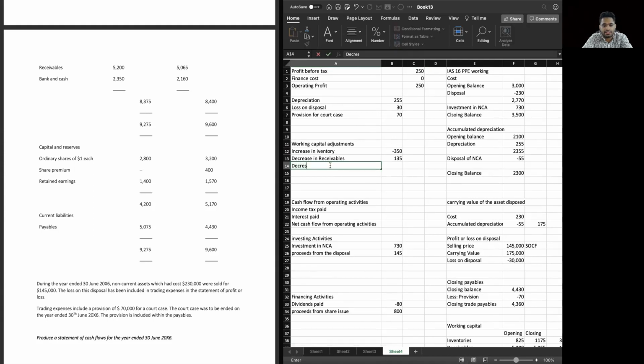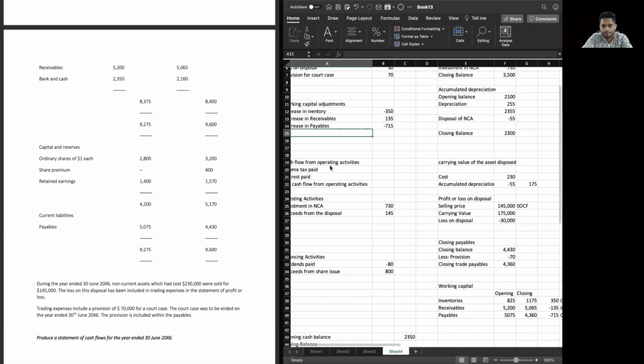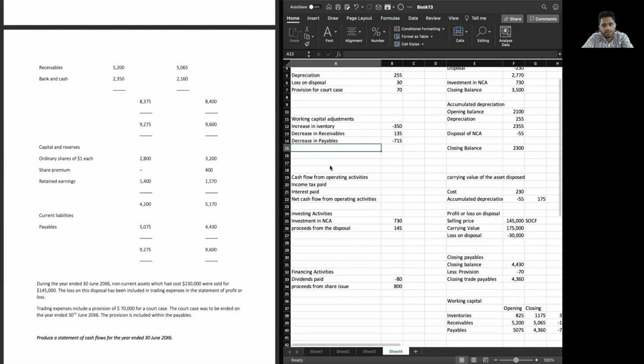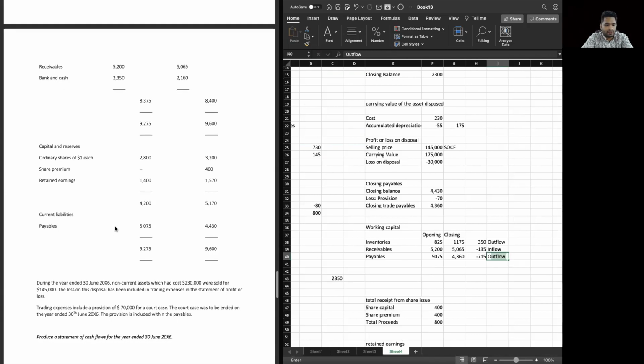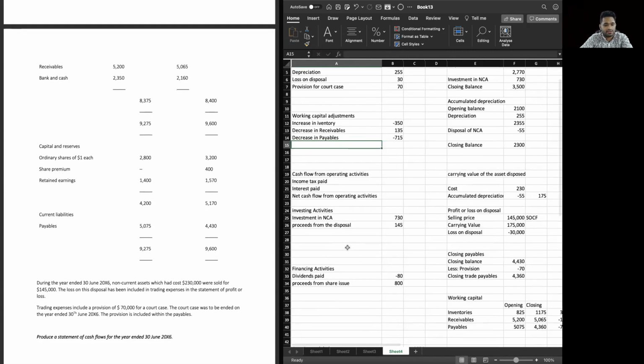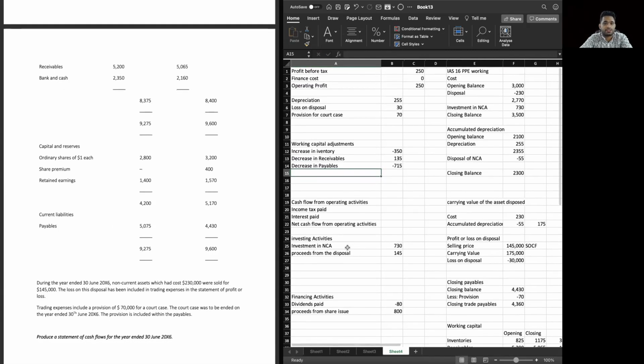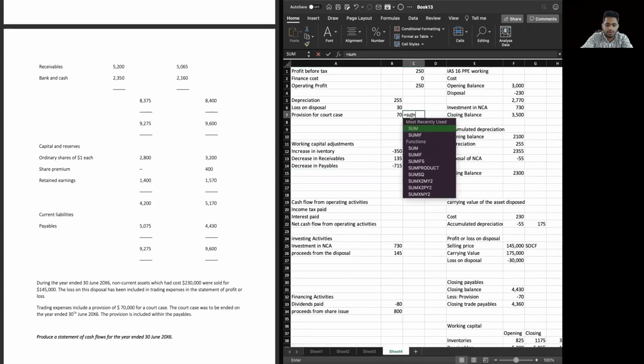So decrease in payables, cash outflow 715. Right. So with that, we are done with the working capital as well as extracting figures from my statement of financial position. So now it's a matter of finishing this up.